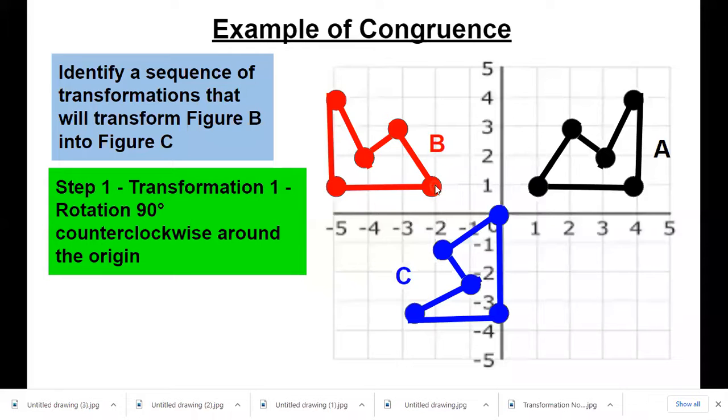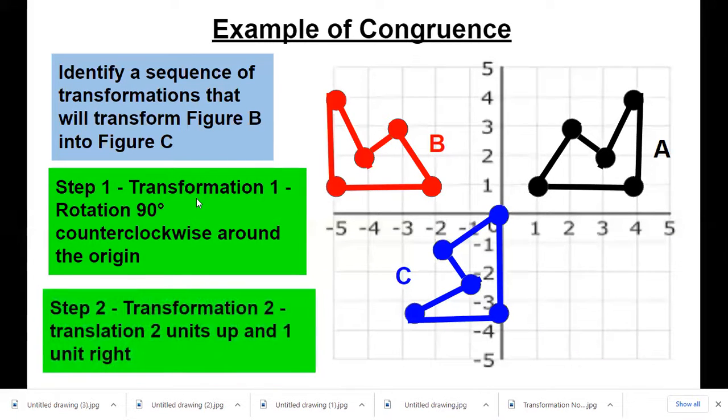So it rotated around the origin from here to there. It went this way. Oh no, maybe it went this way, 90 degrees. It did, it went this way, 90 degrees. So it went counterclockwise 90 degrees, 1/4 of a turn.